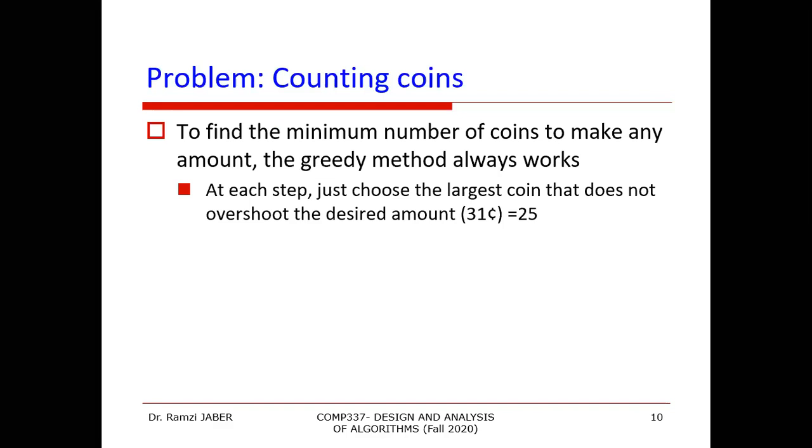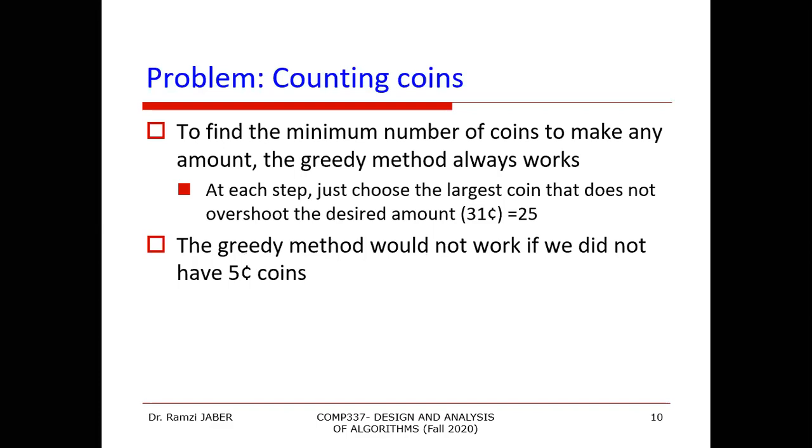Example here, 31 cents. We want to find the minimum number of coins to get 31 cents. So the biggest coin will be 25. The greedy method says always choose the largest coin that fits in your desired amount. But the greedy method would not work if we did not have 5-cent coins.